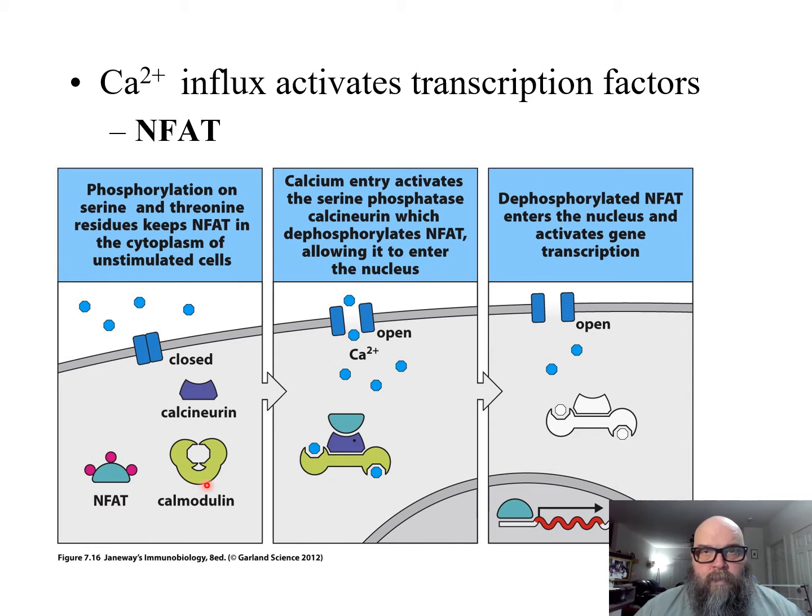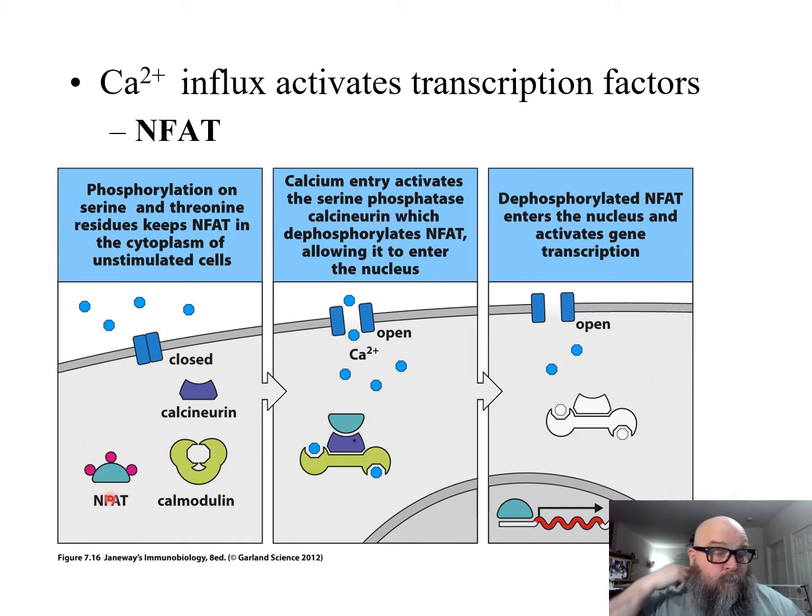Now, as we talked about before, calmodulin in its normal native state is not interacting with anything until calcium binds to it, putting it into a certain shape so that an effector protein, calcineurin, will now interact with it. Calcineurin bound to calmodulin now recruits in NFAT. It dephosphorylates it. Dephosphorylated NFAT is now actually active.